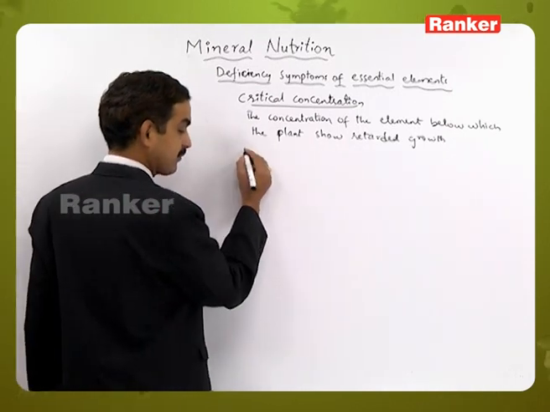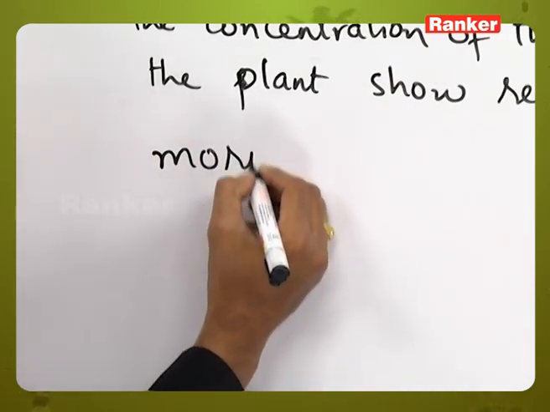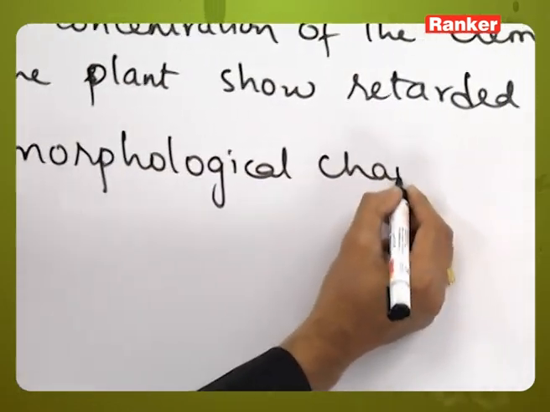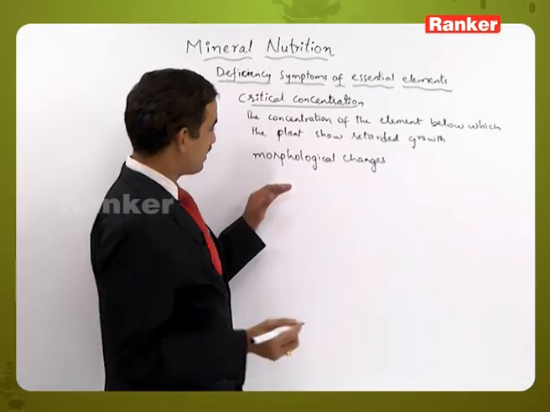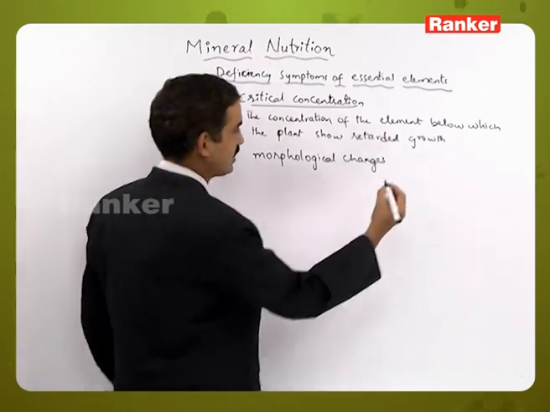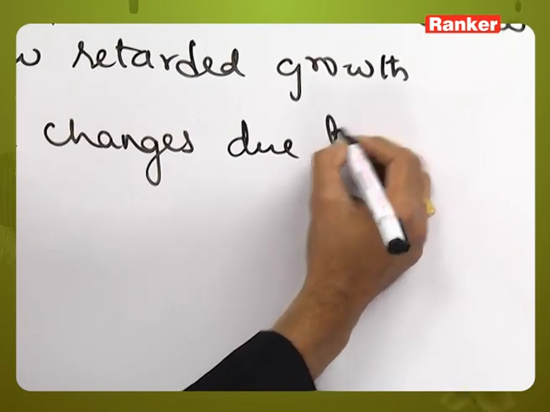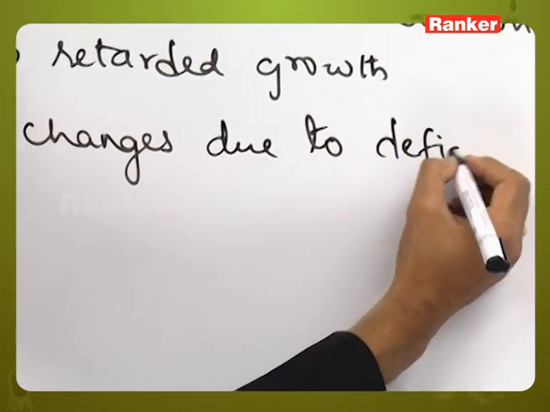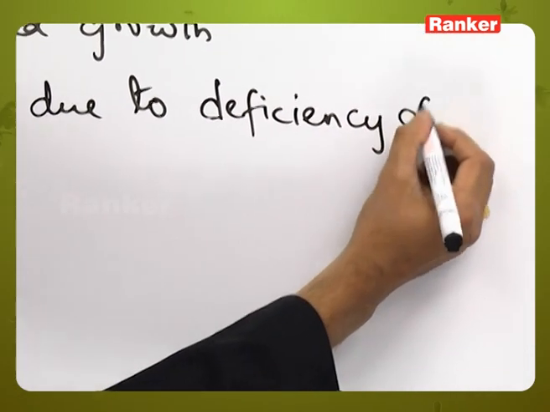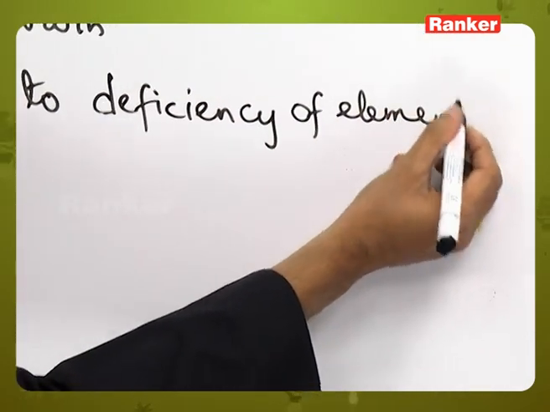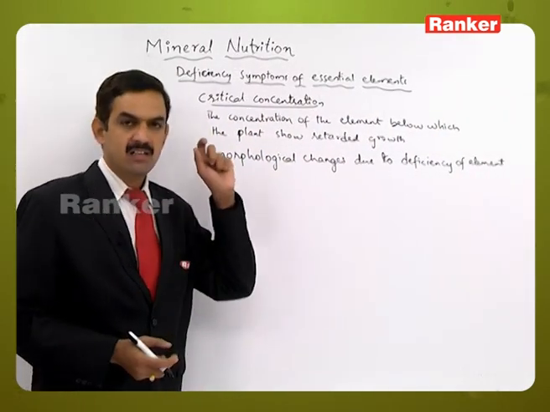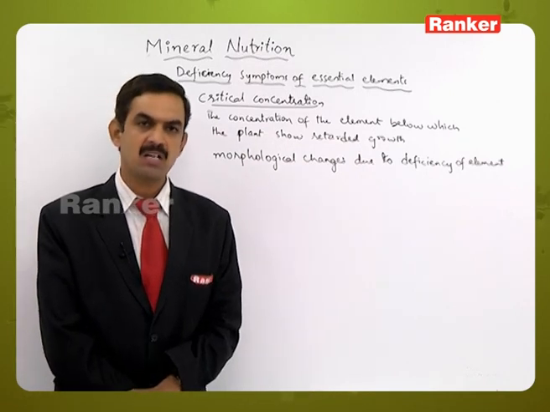In this process, the plant will show some morphological changes. When the plant shows morphological changes due to the deficiency or the non-availability of the element in the required quantity, then this morphological change is nothing but the deficiency symptom exhibited by the plants.